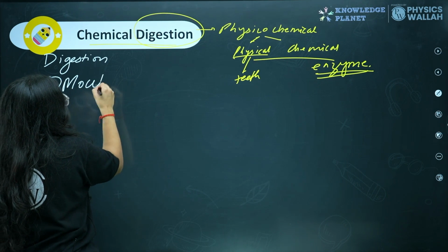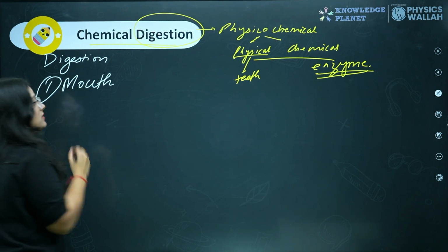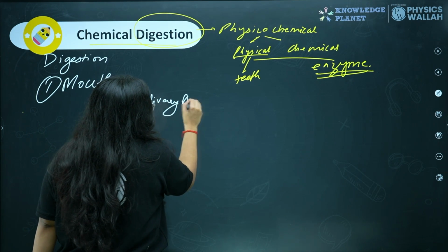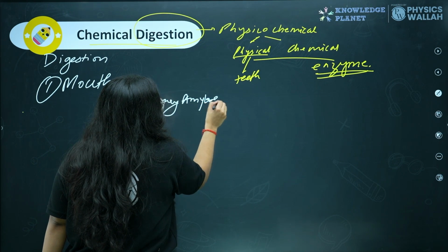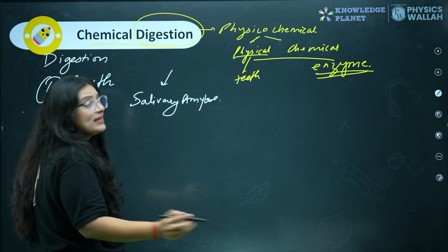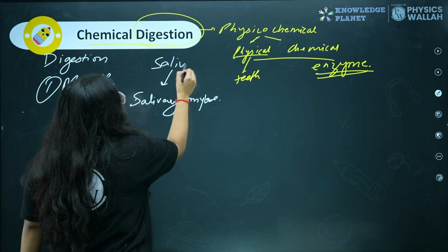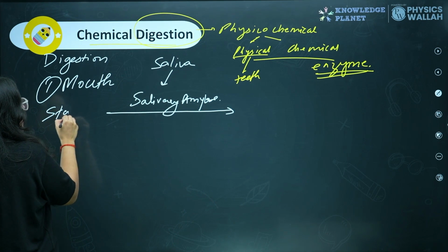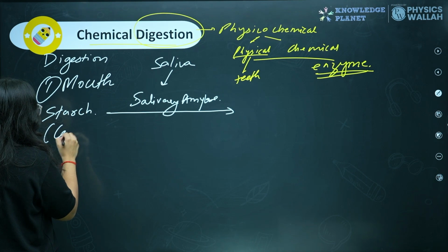Digestion first happens in the mouth because of the presence of salivary amylase. Now this salivary amylase is secreted by the salivary glands in the saliva, okay, and this salivary amylase converts the starch, which is a form of carbohydrate.